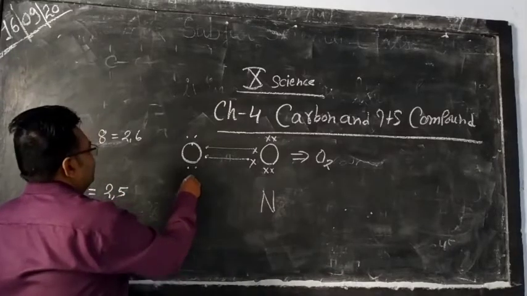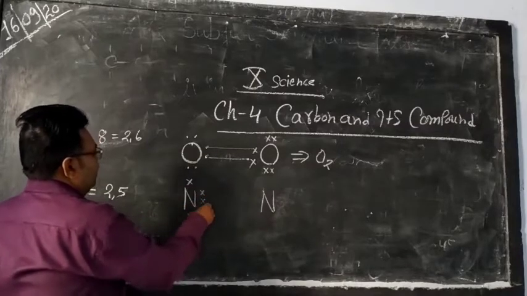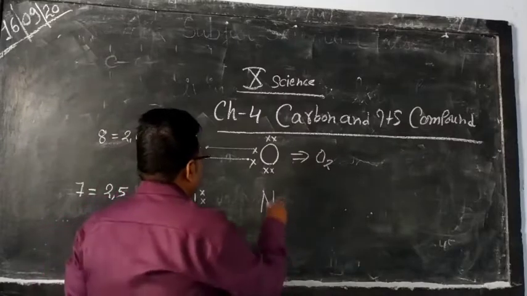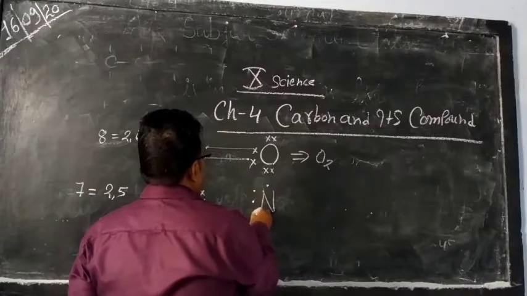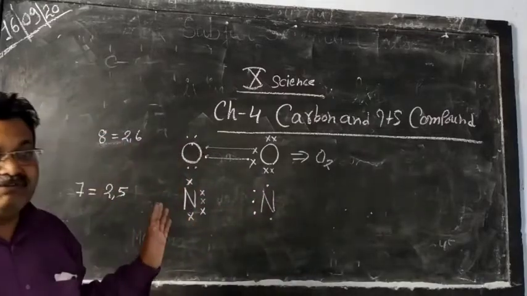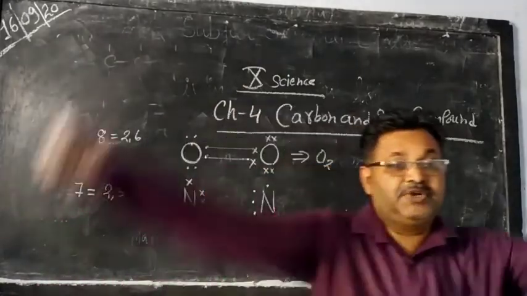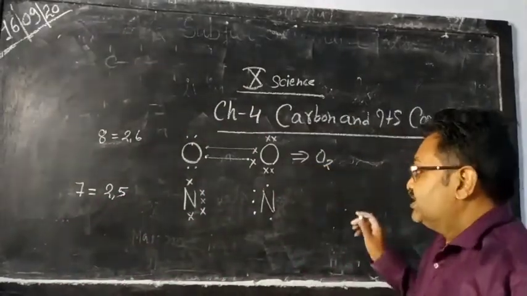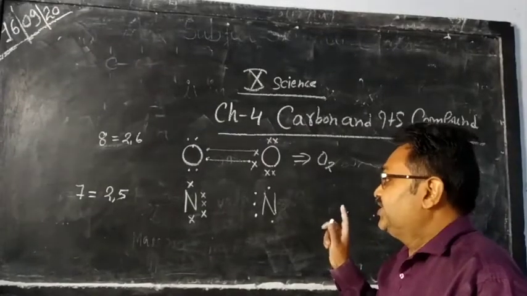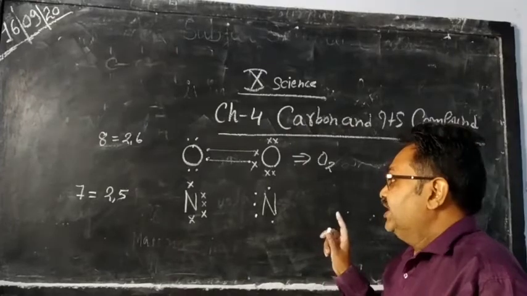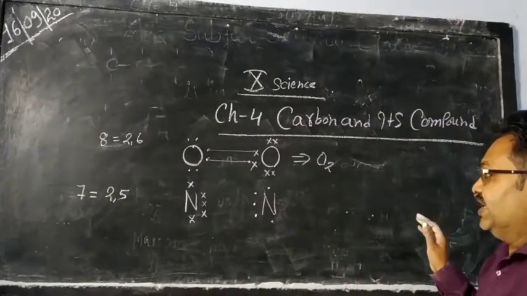So there are 5 electrons in the outermost shell of nitrogen. So it needs 3 electrons to complete its octet and attain the configuration of the nearest inert gas.